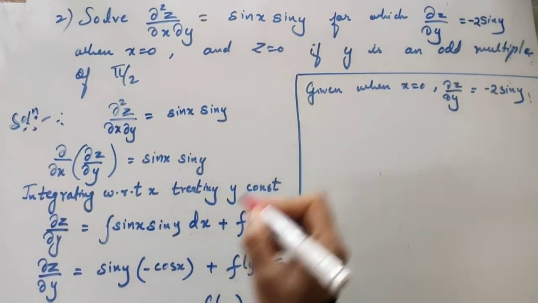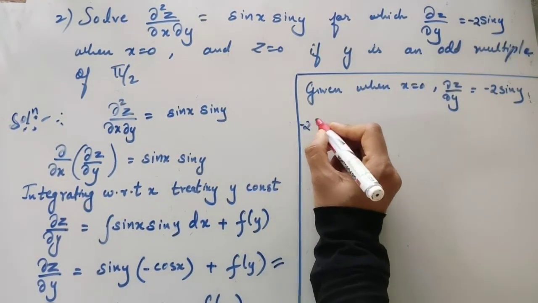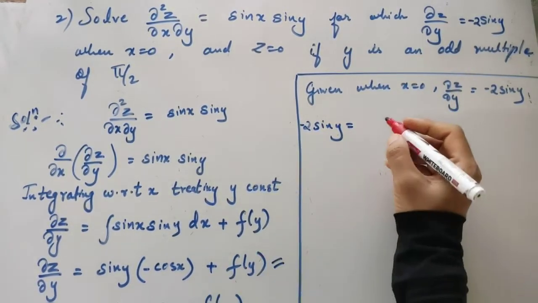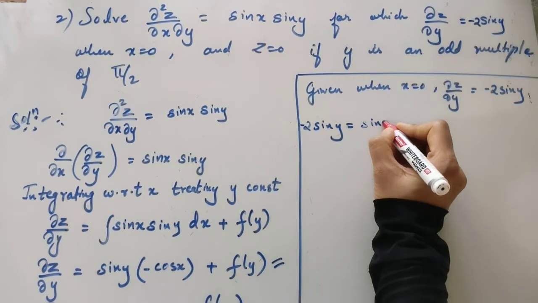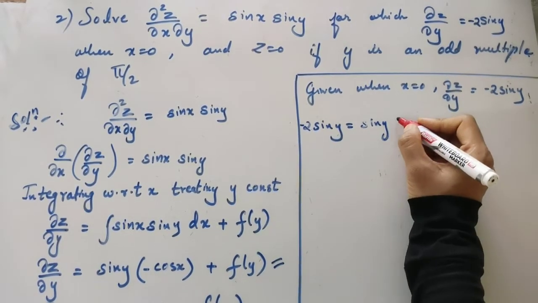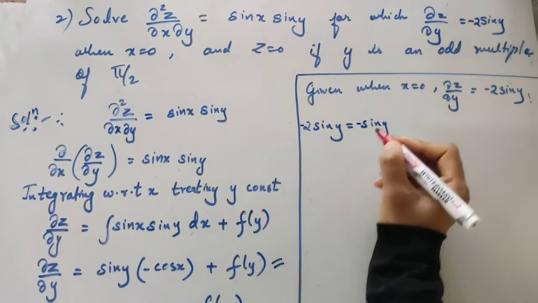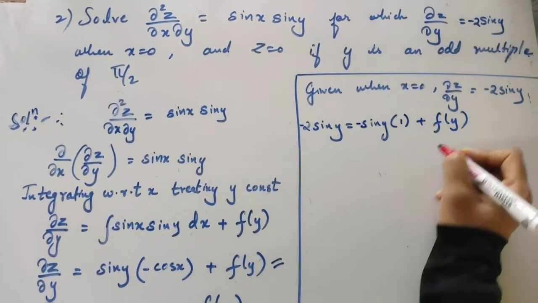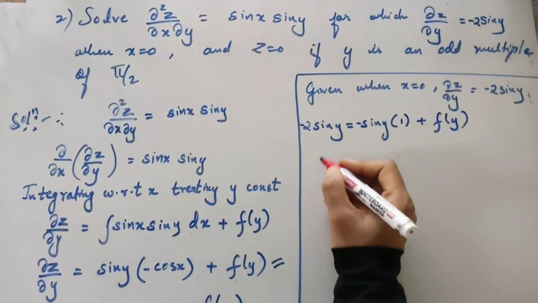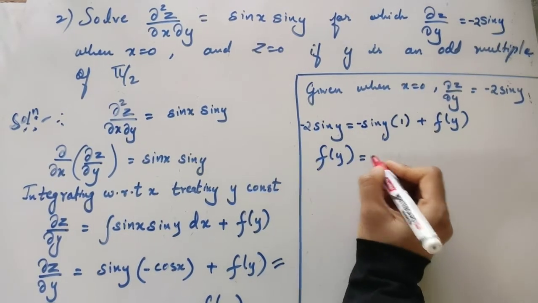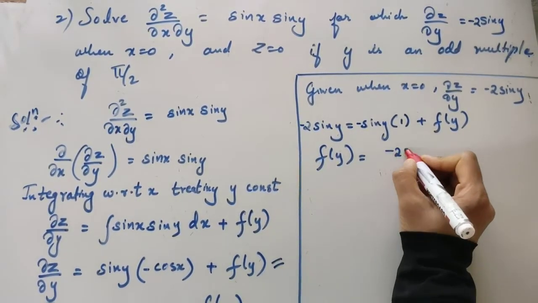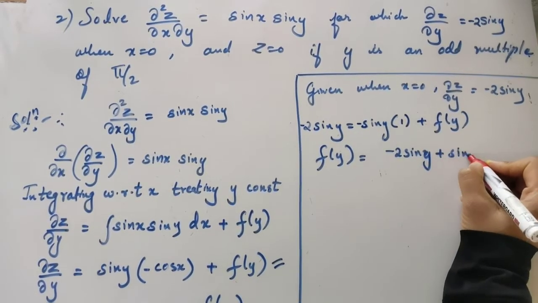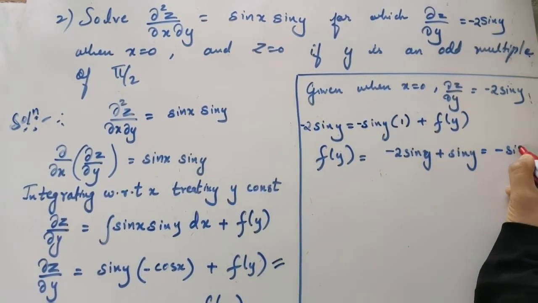What do you get? The left hand side will be -2 sin y, equal to, putting x = 0, sin y as it is with a negative sign, cos 0 is 1, plus f of y. When you simplify this, f of y will be -2 sin y plus sin y, or minus sin y.